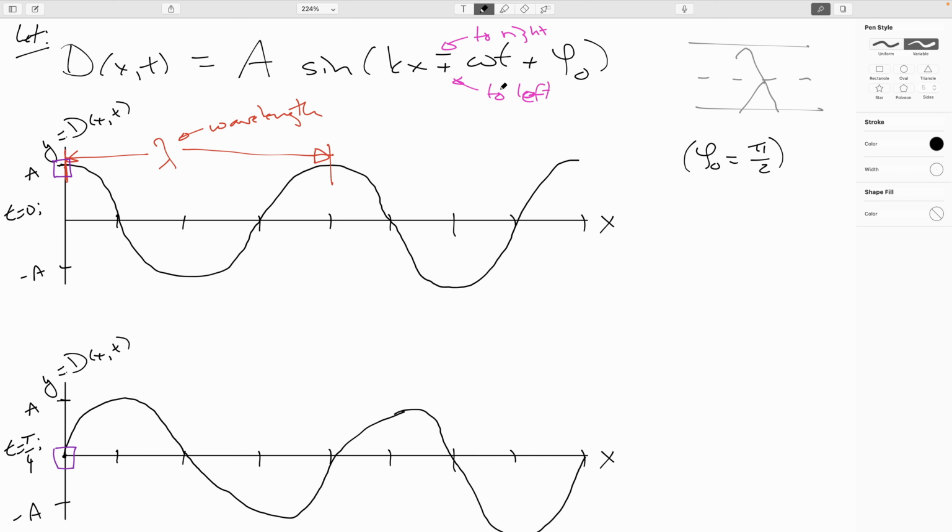Well, how much is the argument of my sine going to have to go up by? It's going to have to go up by 2 pi. So for that to all work out, I need k to equal 2 pi over lambda. And so our wave number has units of radians per meter.